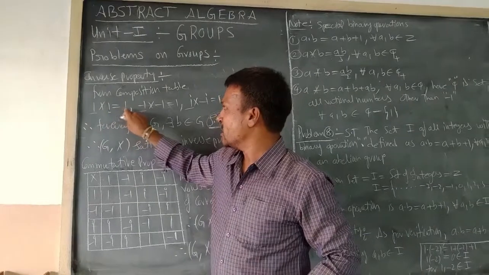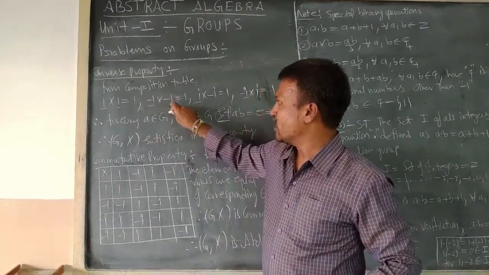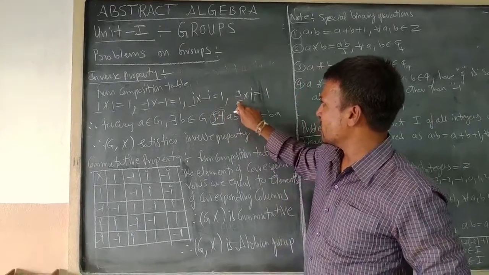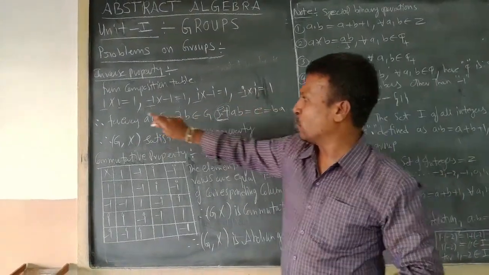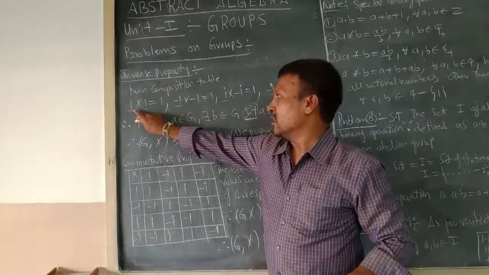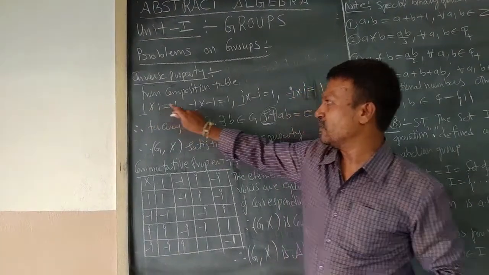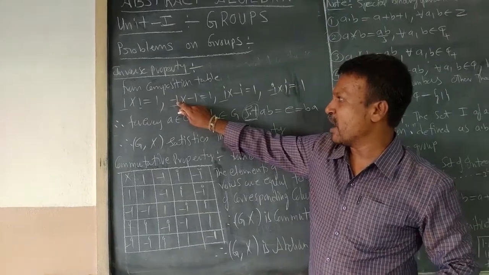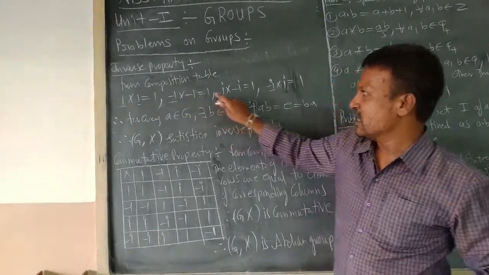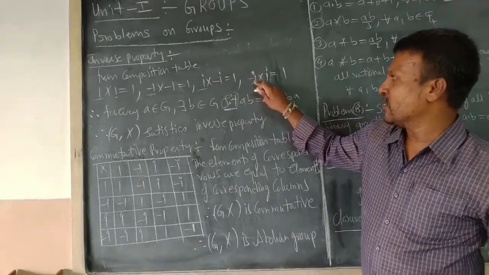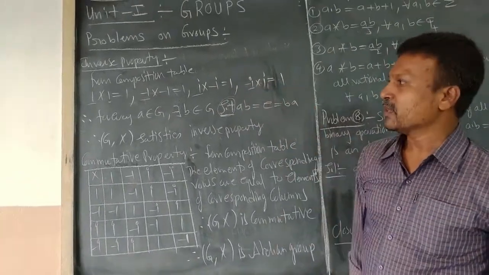So 1 into 1 is 1, minus 1 into minus 1 is 1, I into minus I is 1, minus I into I is 1. Therefore, the inverse of 1 is 1 itself, the inverse of minus 1 is minus 1, the inverse of I is minus I, and the inverse of minus I is I.